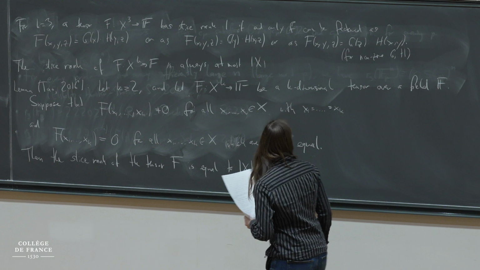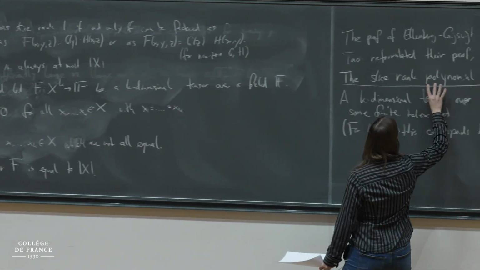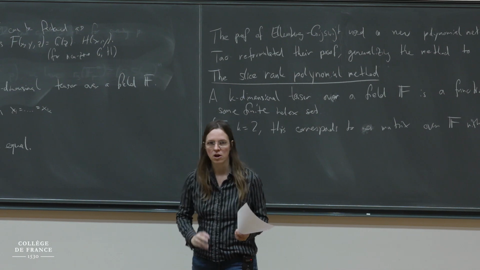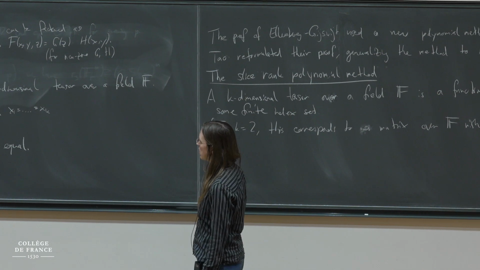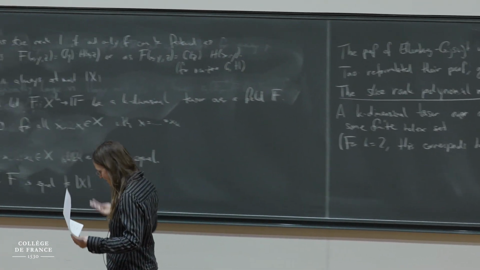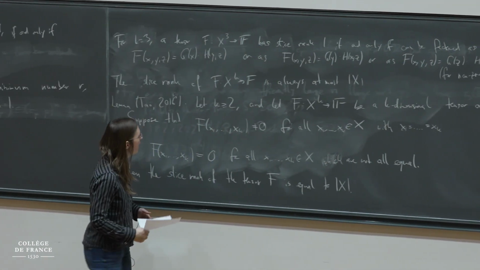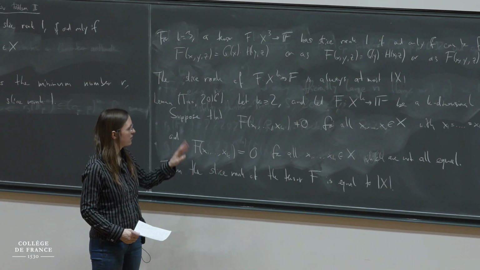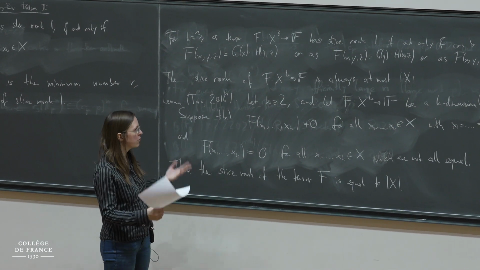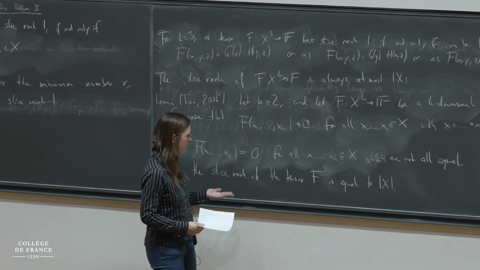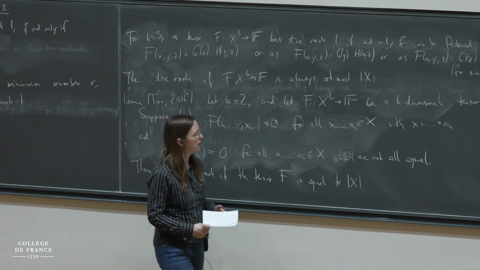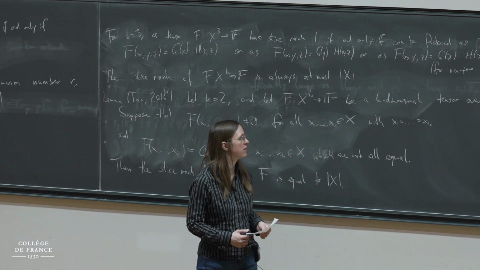And the tensor is defined by some smartly chosen polynomial expression, right? It's a polynomial method, so there the polynomial comes in. You define your tensor with some very cleverly chosen polynomial expression. Hopefully, you did this in a way that you can then apply a lemma like this so that you know what the slice rank is, or at least you know a lower bound for the slice rank. So in most applications, your tensor is going to be diagonal, and then you have this lower bound for the slice rank from this lemma. The second part of the proof is to upper bound the slice rank of the tensor you defined.